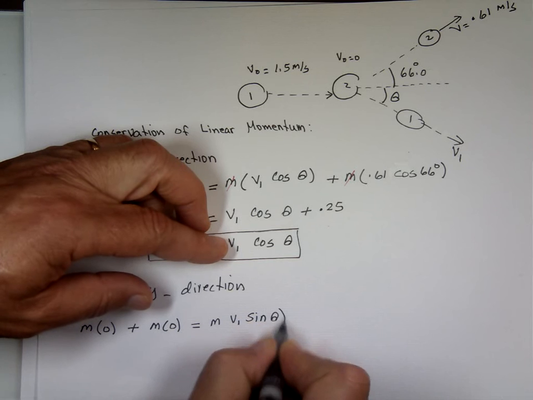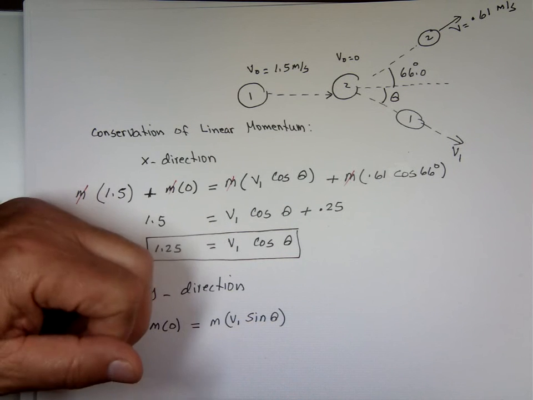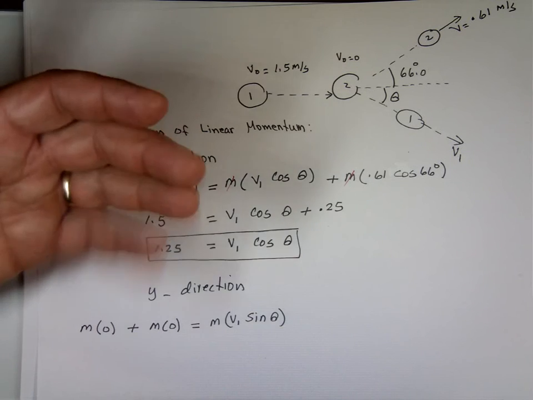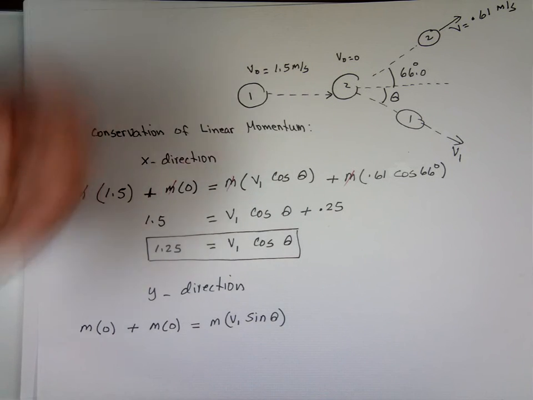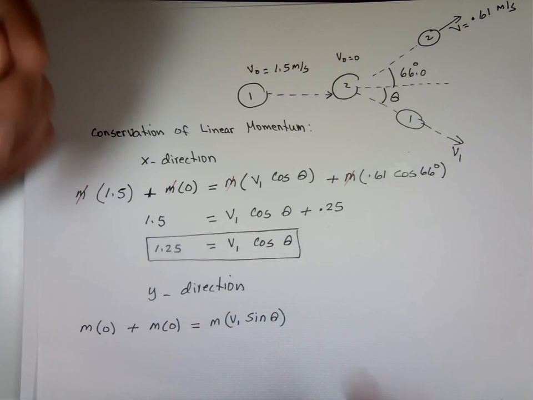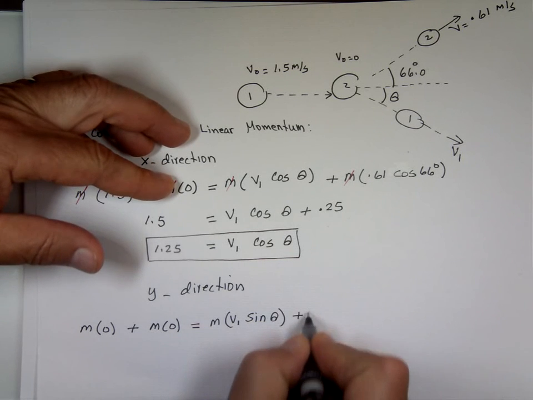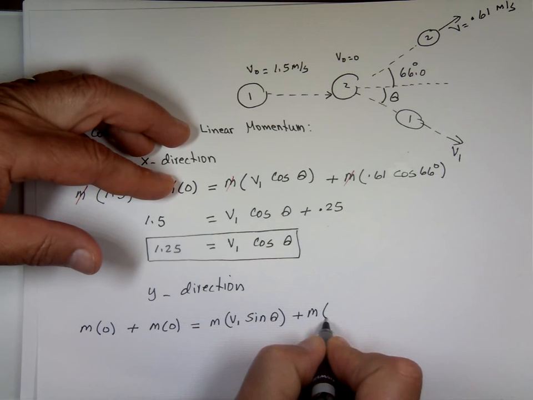Notice I put theta in that direction. I don't want to say negative theta because I don't know if it's going to be down. If theta comes out negative, the math will tell me, and then my picture is correct. Plus the mass times what? 0.61 sine 66.